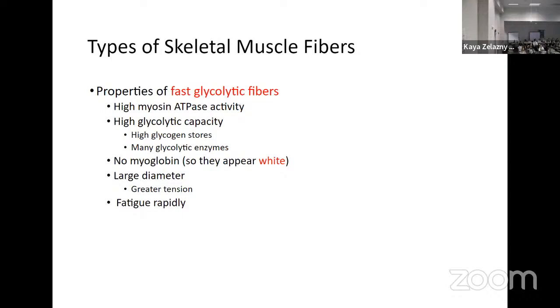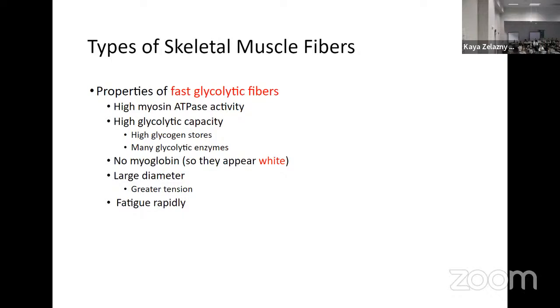So they have lots of glycogen stored in these fibers, so we can get that glucose real quick. We have lots of enzymes for glycolysis in these fibers, but we don't need oxygen to do glycolysis. So we're going to be lacking all those characteristics that were associated with oxidative phosphorylation, right?